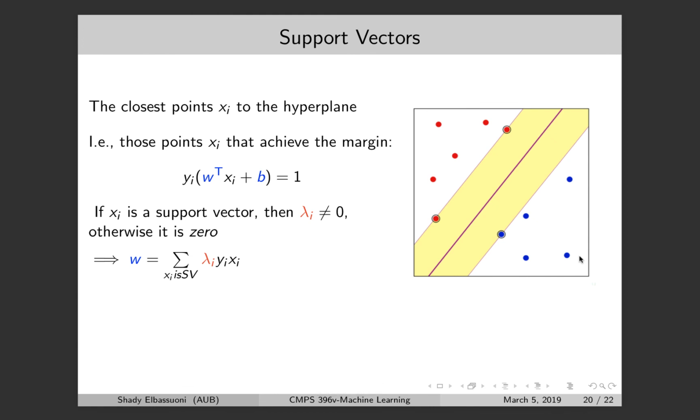Now w is really the summation over the support vectors of lambda i yi xi. Why? Because for the rest, lambda i is equal to 0. So instead of summation over all the data points, I'm just summing over the support vectors, because for the others, lambda i is equal to 0.